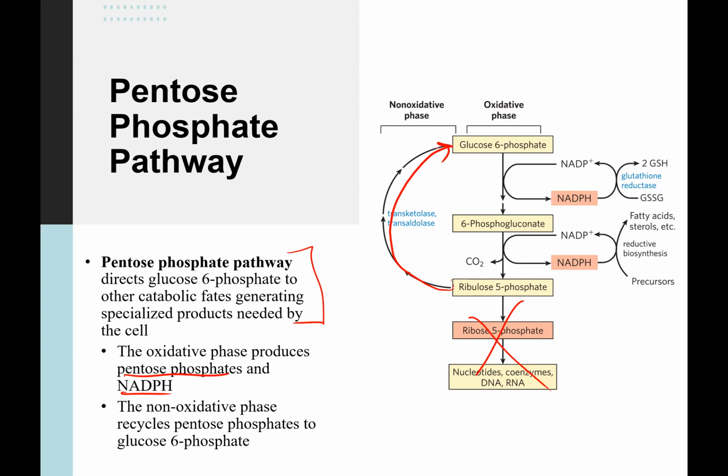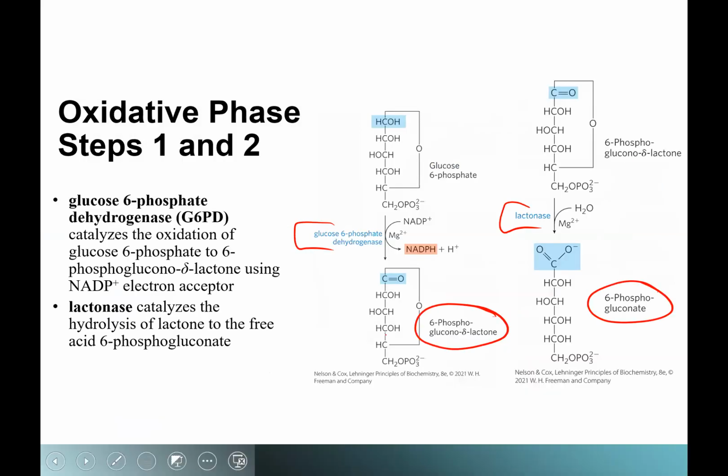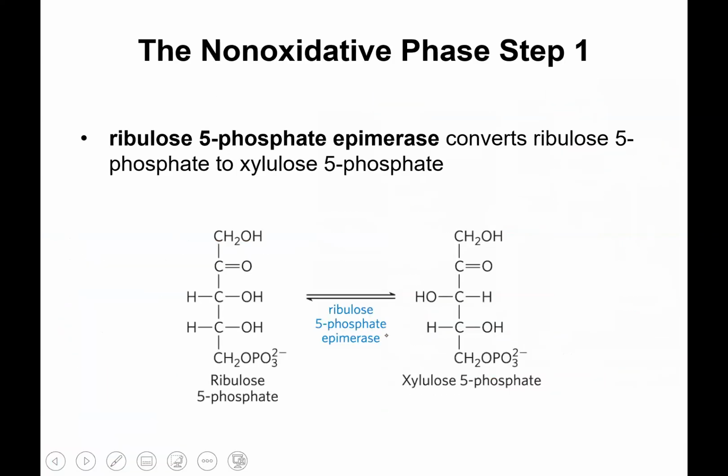And this depends on a couple steps. Once again, certainly not going to hold you responsible for all of these different enzymes and compounds, just the more broad strokes. But it's sort of beholden upon me to talk about them, right? So we have an epimerase reaction where we go from ribulose to xylulose.